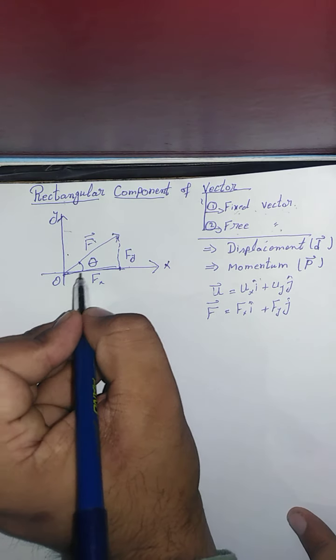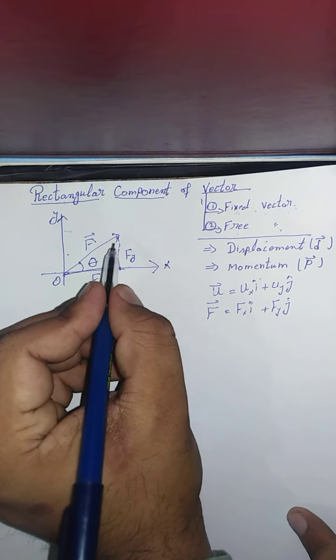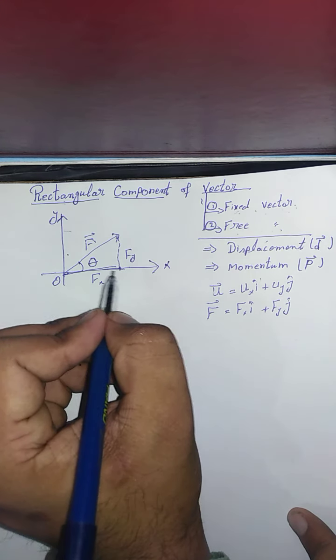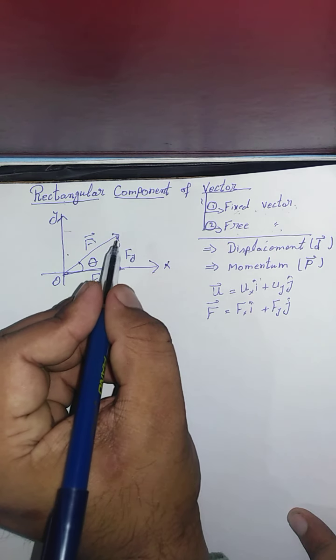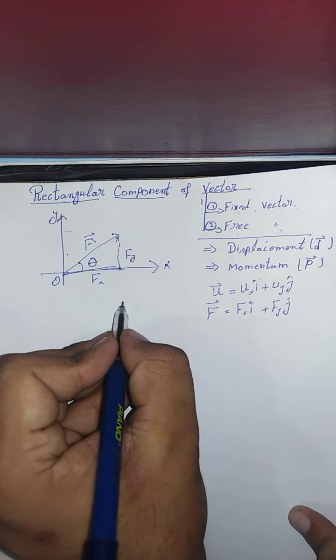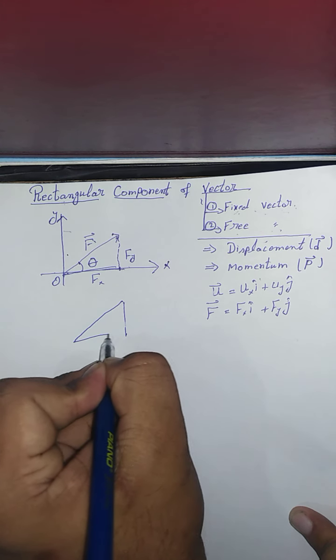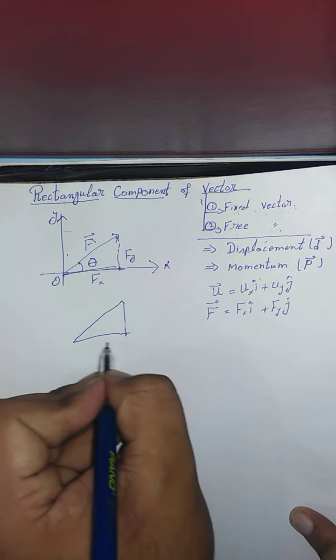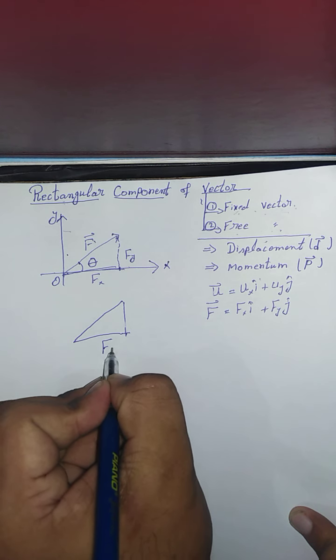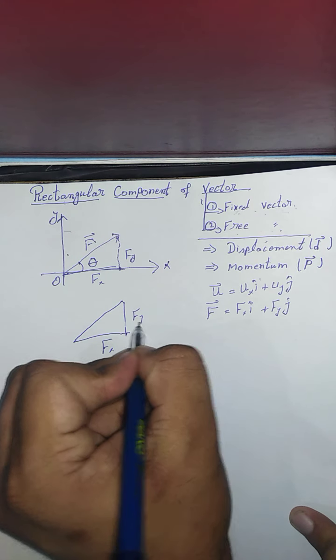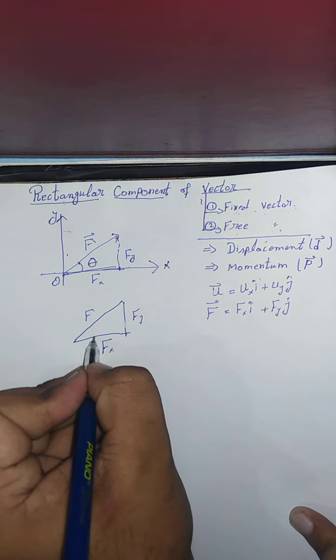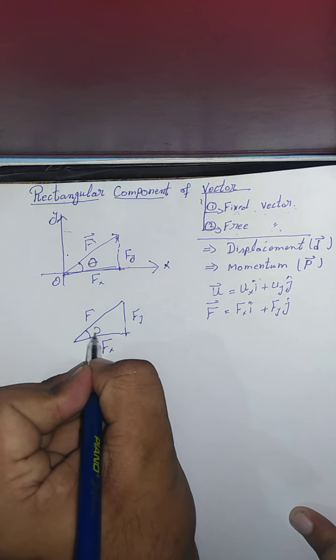If you look at the diagram, we are seeing that it is a right angle triangle. Let me explain that. This is a right angle triangle. This is its Fx, Fy, F, and this is angle theta.